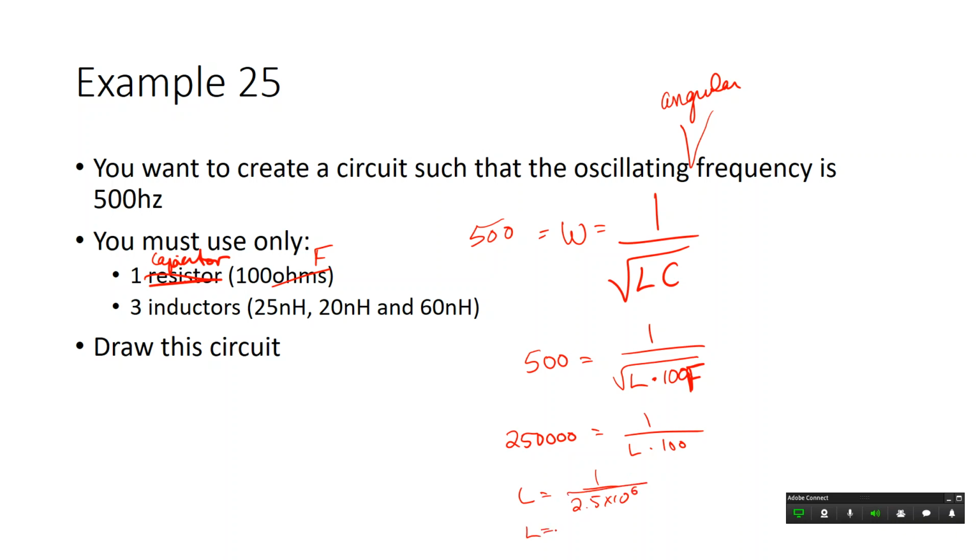Is that right? No, eh? It's not 2.5 million, is it 8? Yeah, like that. Someone get a number?